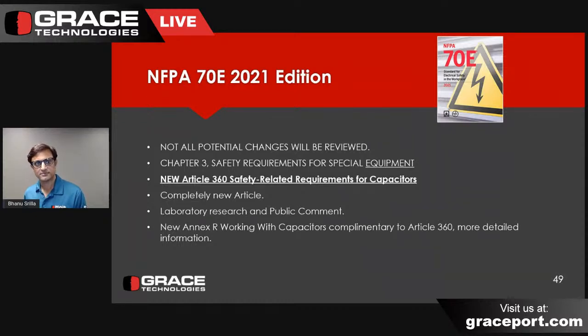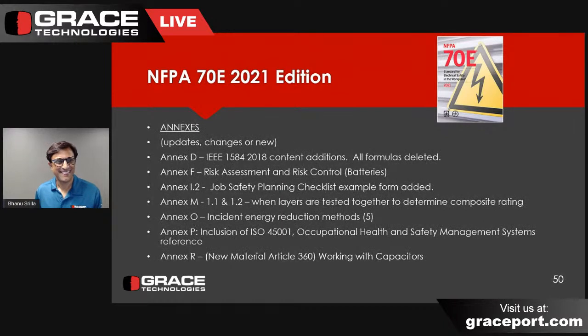And again, another topic that we didn't cover effectively, capacitors, right? Huge energy, and the energy is different as it comes out of a capacitor, so that we get an abnormal condition. So again, laboratory research, Annex R, an amazing detailed technical review of electrical hazards and capacitors. So Z462 users, you need to buy 70E to get this capacitor content.